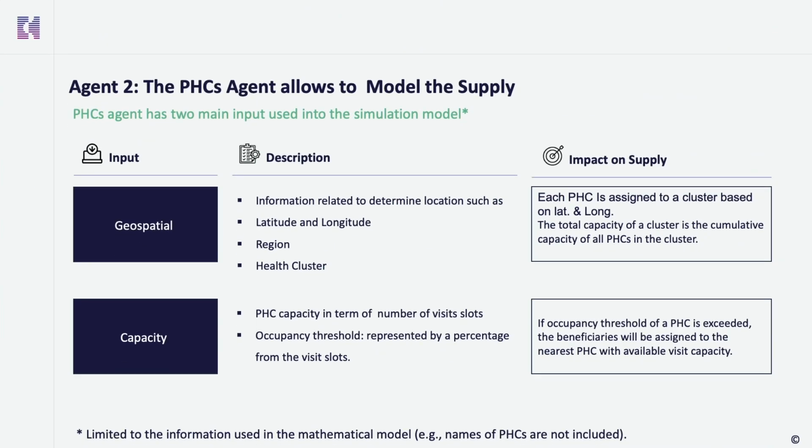The second agent, the primary health care or the PHCs, has two main inputs. The first is the geospatial information about the location of the PHC, the health cluster, the region, as well as the exact latitude and longitude of the PHC. The second input is the capacity, the daily slots in the primary health care, as well as the occupancy rate or occupancy threshold.